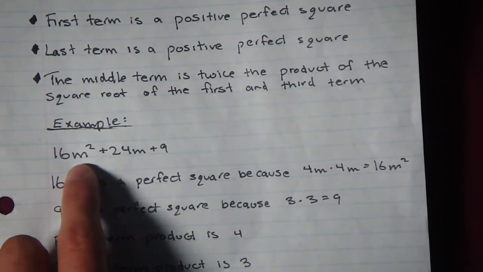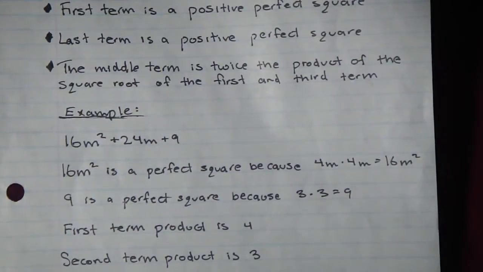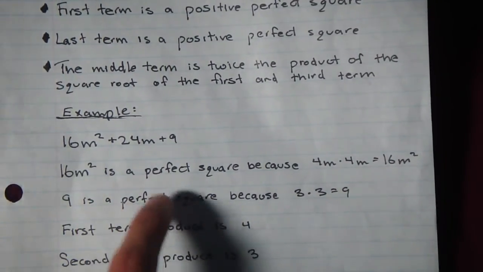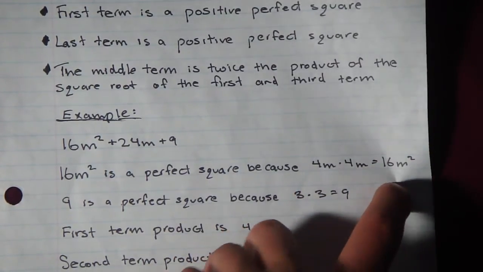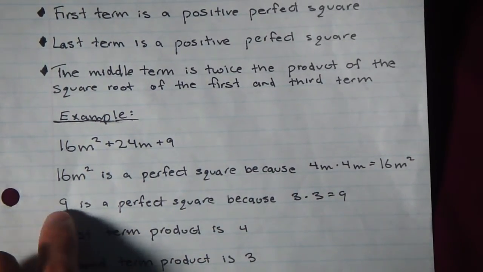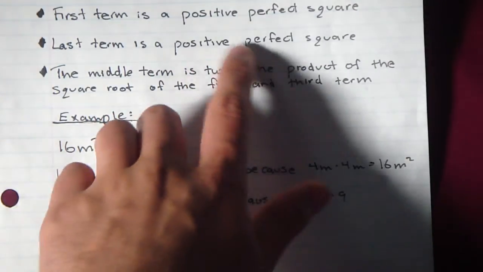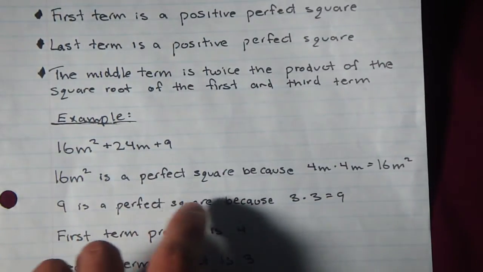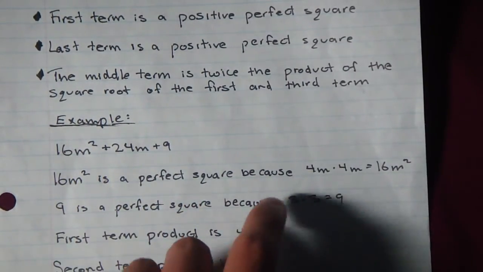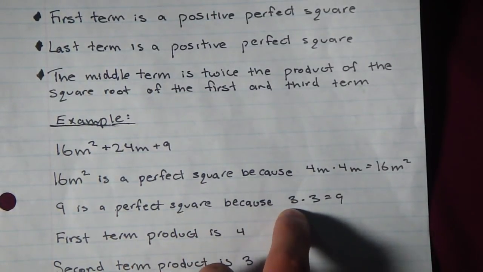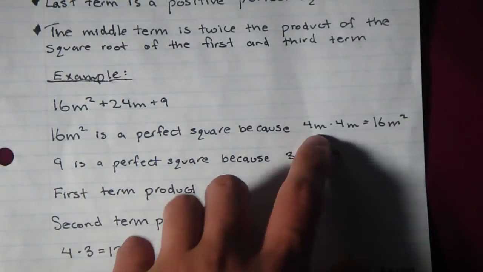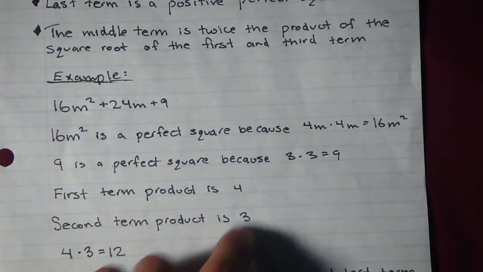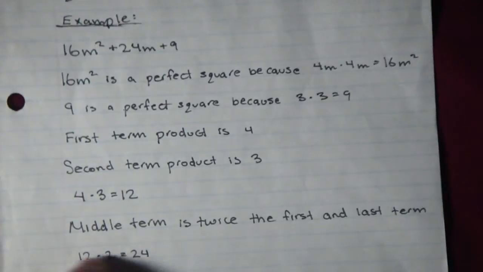For example, 16m squared plus 24m plus 9. 16m squared is a positive perfect square because 4m times 4m equals 16m squared. 9 is a positive perfect square because first of all it's positive, and second of all it has a square root of 3. So the first term's root is 4m, the second term's root is 3, so multiply that.